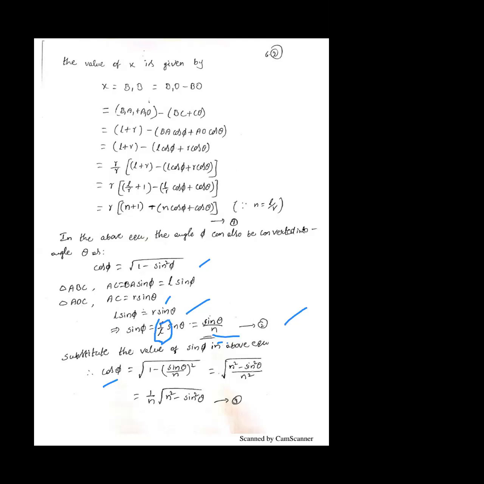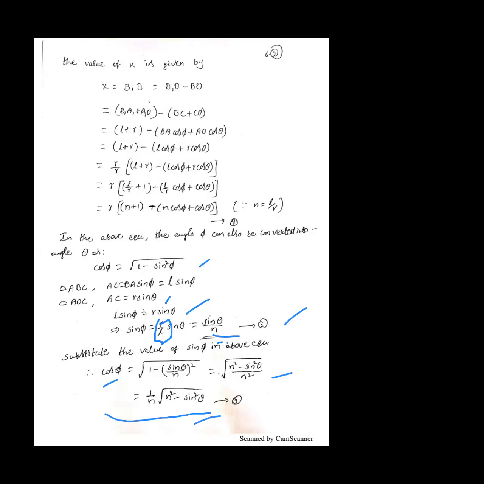When we simplify, n square minus sin square theta by n square. The n square can be taken out of the root, so then 1 by n into square root of n square minus sin square theta. Just observe that.